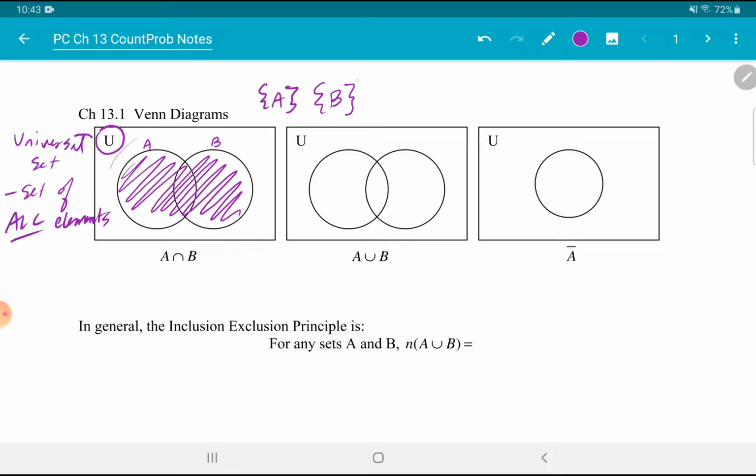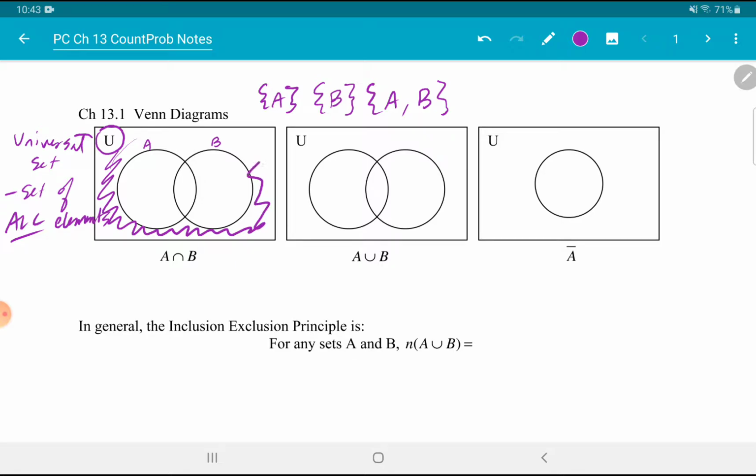Maybe it's just a mix. And so you might have an element of A or B, kind of like that. You have those possibilities. Or maybe people don't listen to music, and you just have people who don't own any of these things at all, and they'd be outside. And that would be basically like a null set, an empty set. This is what we call the empty set. Okay, so you could have those possibilities as well.